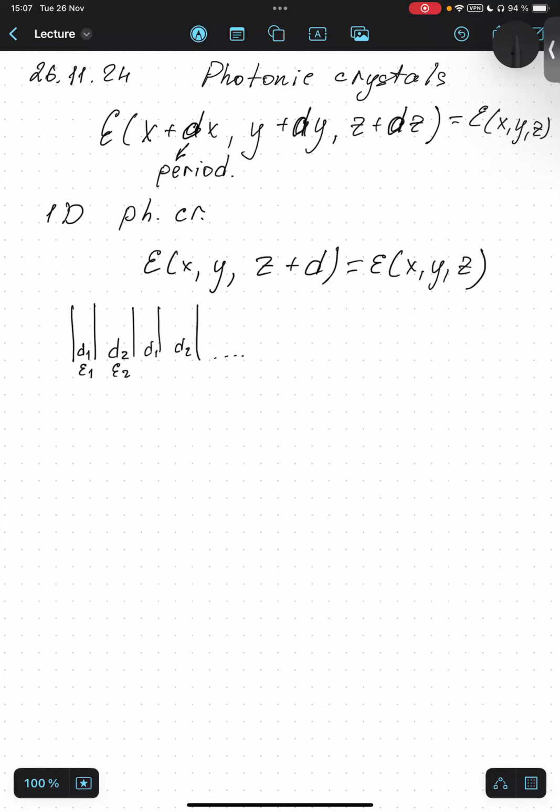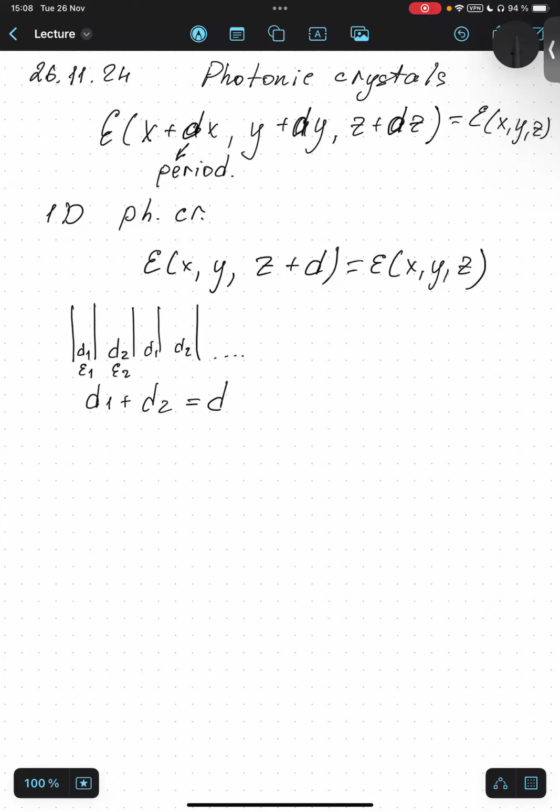It can be infinite, it can be finite, but here we say that d1 plus d2 is equal to d. It's the period of the structure.